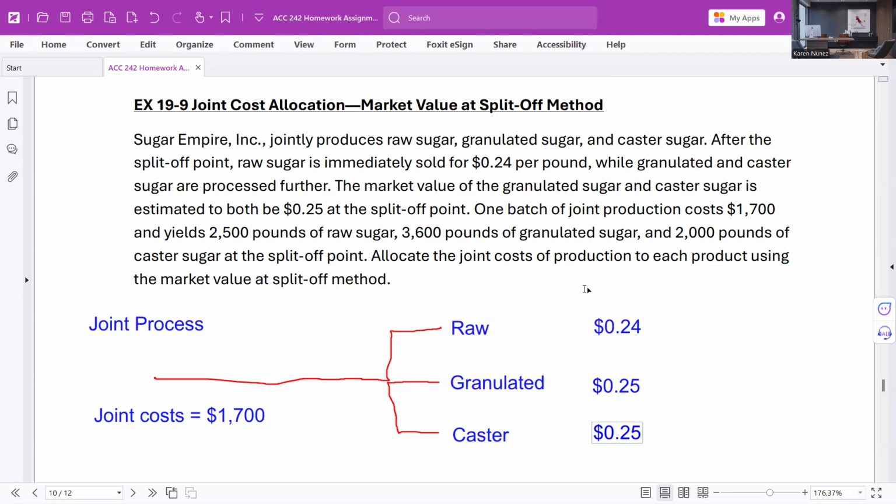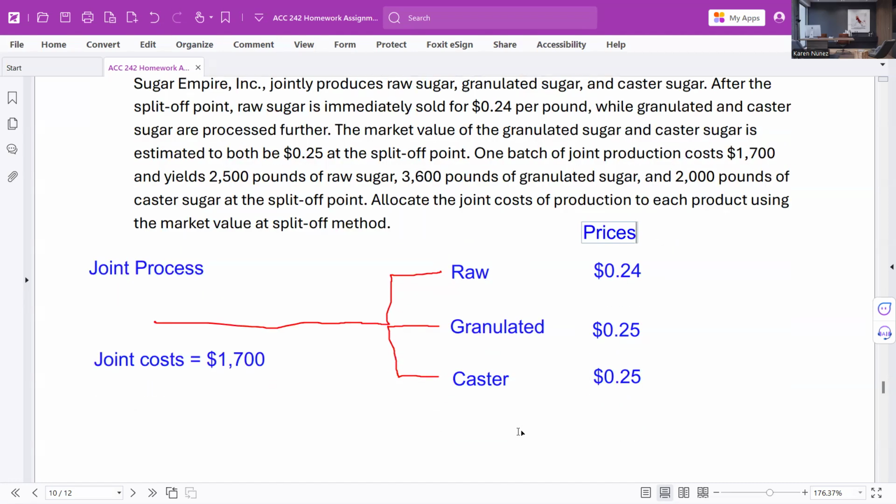Those are the prices that we could sell these three products for after we get to the split off point. And we want to use those prices to determine market value and then allocate the joint cost. So again, we're going to base the allocation using some relative percentages.